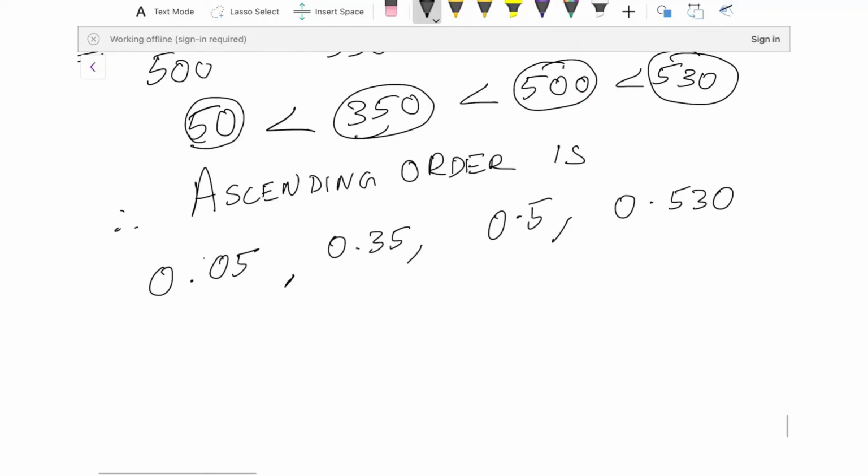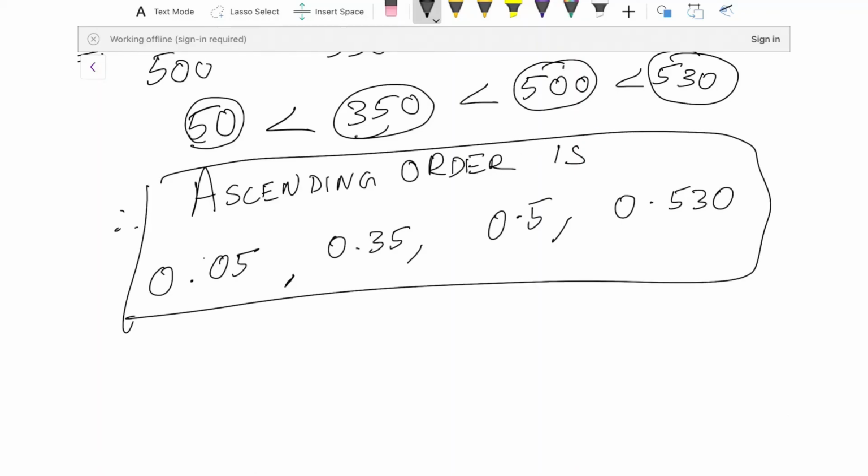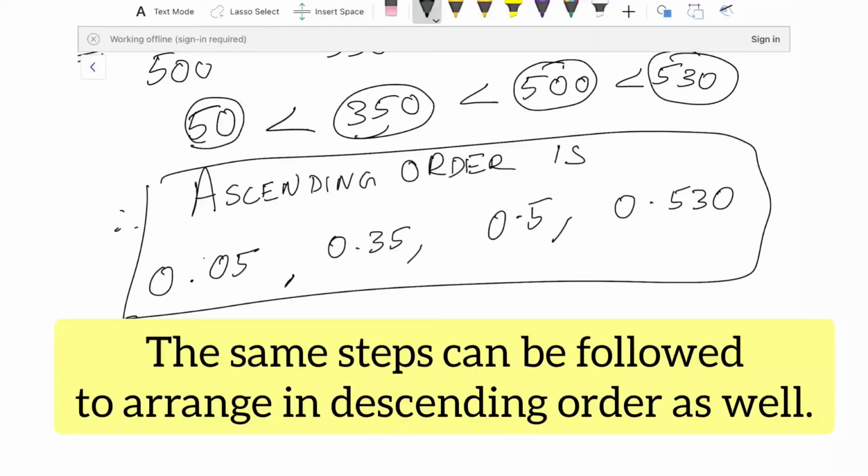This is your ascending order. This is how you can arrange decimals in ascending order.